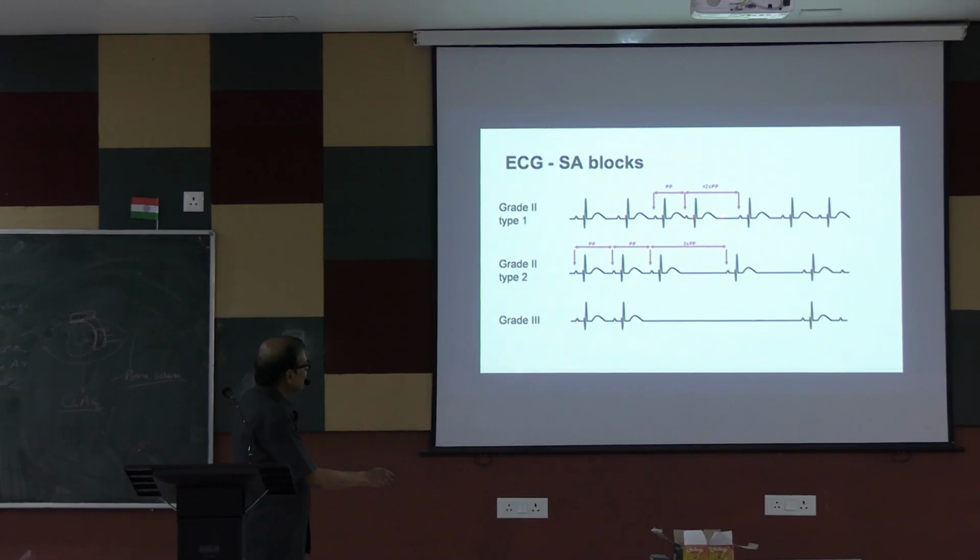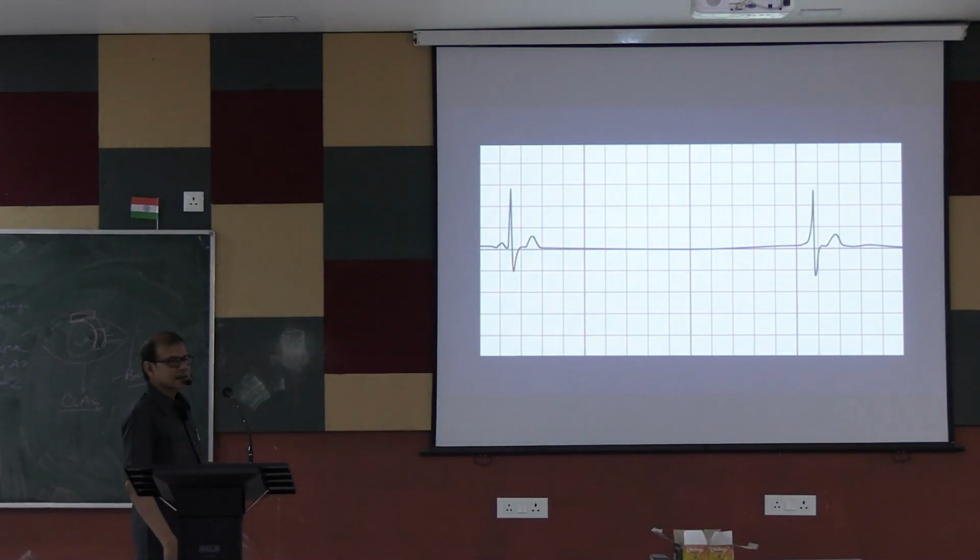Then there is absence of the P. And what did I say about the third degree? Unexpected drop. And this is the PP interval. This is a multiple of this PP interval.